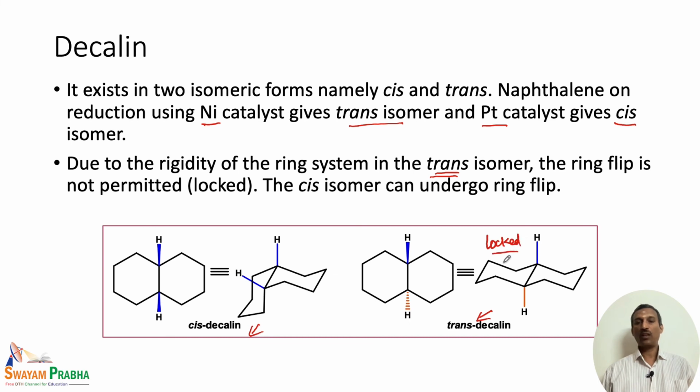This highly locked conformation prevents trans Decalin from undergoing ring flip, whereas the cis Decalin can easily undergo ring flip. So depending on the catalyst used, we end up with a different type of product. The reduction of naphthalene gives two different types of products.